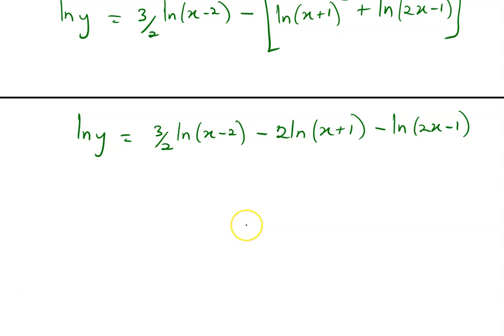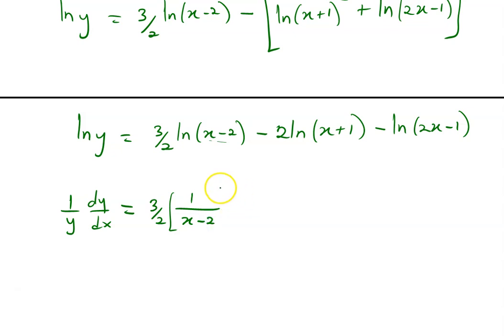So now let's differentiate. Differentiating, we get 1 over y times dy/dx equals, if I differentiate what is inside, I'm going to get 1. So 1 multiplied by 3 over 2 gives 3 over 2, multiplied by 1 over what is inside, which is x minus 2.